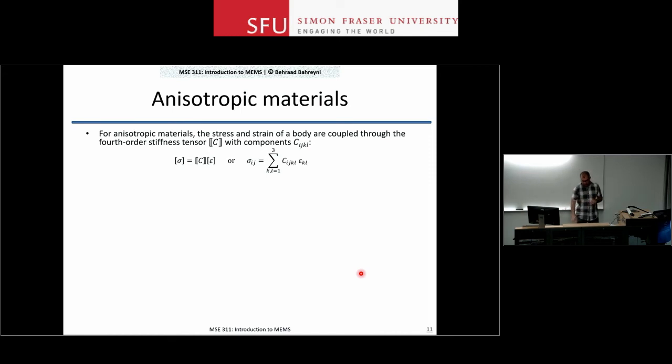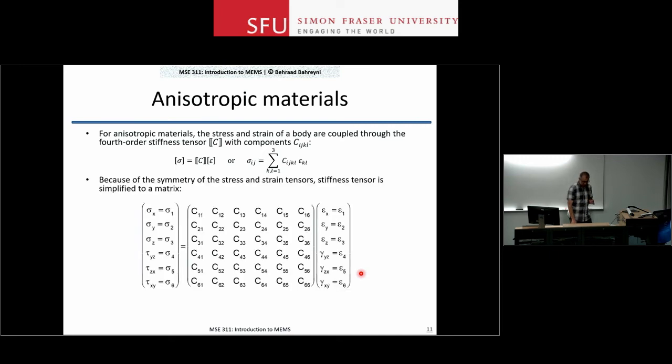And you get a high-order tensor, a 4th-order tensor, to describe the relationship between them. However, because of the symmetry between the strain and stress tensors, instead of a 4th-order tensor, you actually get a 2nd-order tensor, which is a matrix, right?